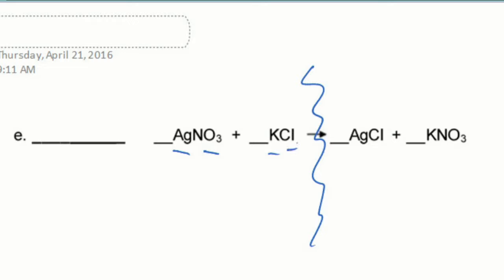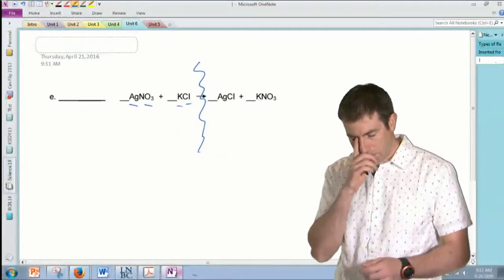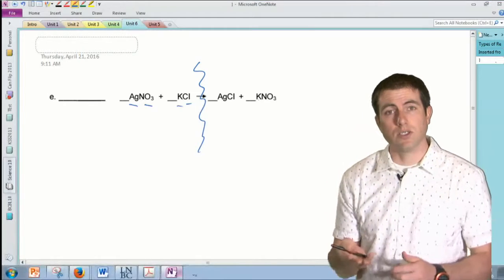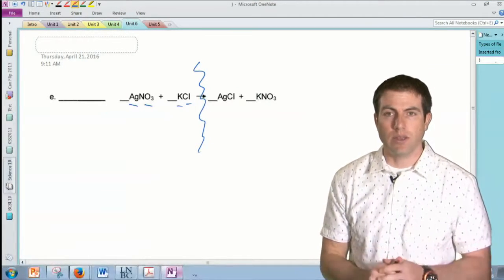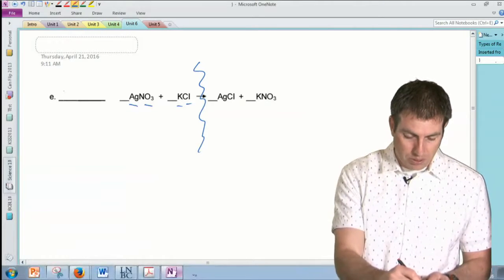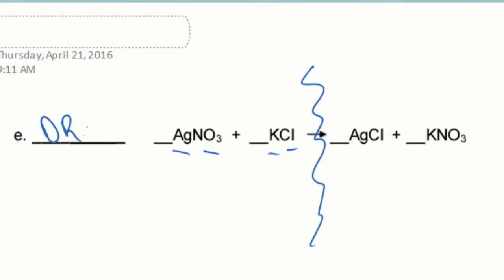I have a metal and a non-metal. So there's nothing special about this one. There's no oxygen gas to begin with. There's no acid or base to deal with. So this is just a double replacement. Double replacement type reactions can get tricky.